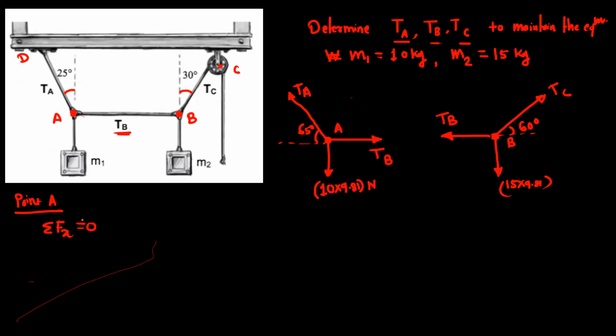If you use Lami's theorem, you can directly get the values of tension A and tension B. And if you consider the free body diagram for point B, you will get the value of tension C.